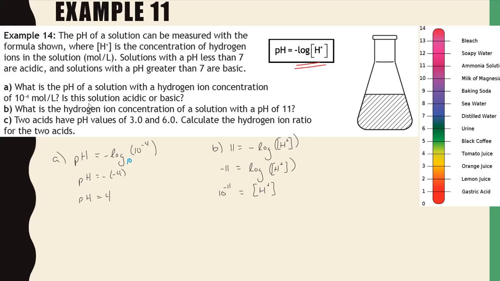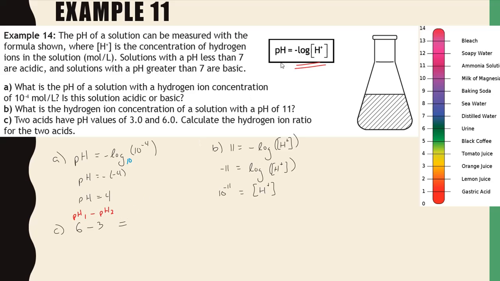So two acids have pH values of 3 and 6. Calculate the hydrogen ion ratio for the two acids. So what we want to do is actually subtract these because it's a logarithmic scale. So we're going to go 6 minus 3. So that's going to be our left side. And we'll say this is pH 1 minus pH 2.